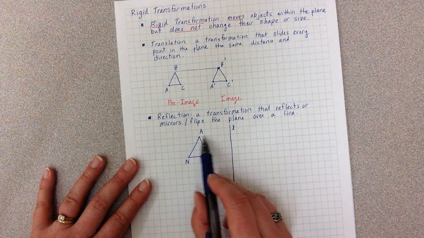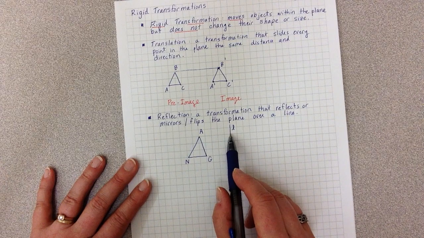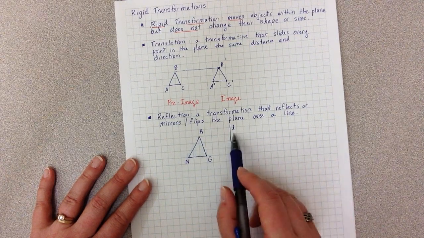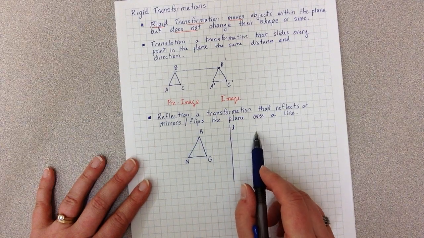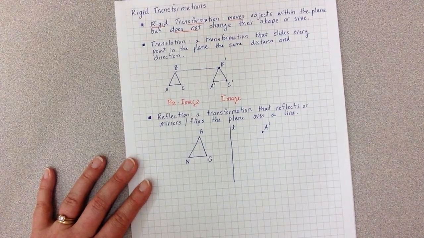So some interesting things happen. For instance, our new A prime is going to be the same distance from our line L. So 1, 2, 3, 4, 5, 1, 2, 3, 4, 5. Again, rename that A prime.